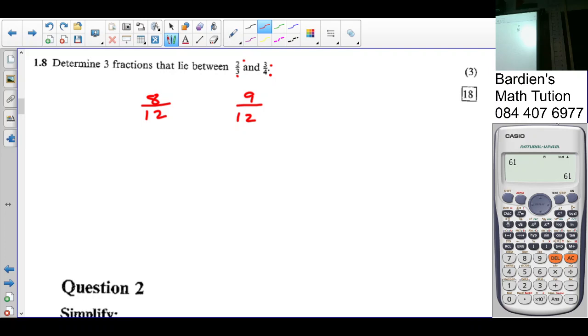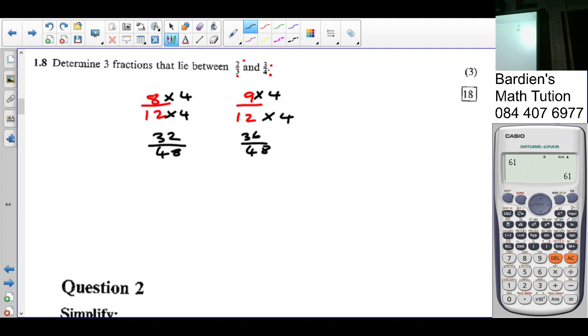If you wanted to find 2 numbers between those 2 fractions, we multiply everything by 3. Just one more. Can you see that? So if you want to find 3 fractions between it, we'll multiply everything by 4. So in other words, you're going to get 32 over 48 and 36 over 48.